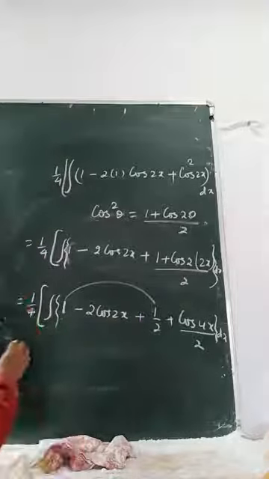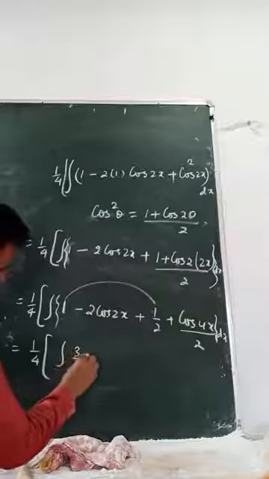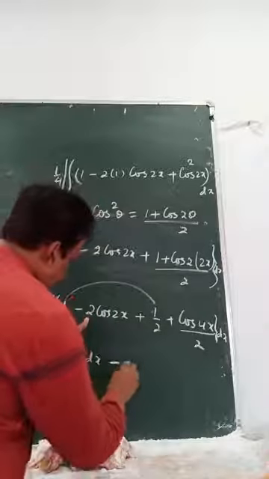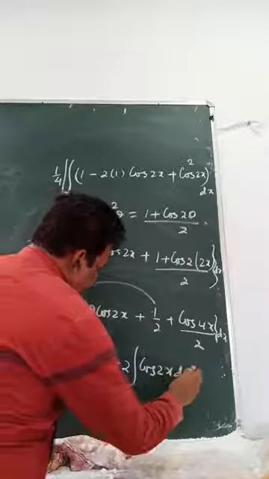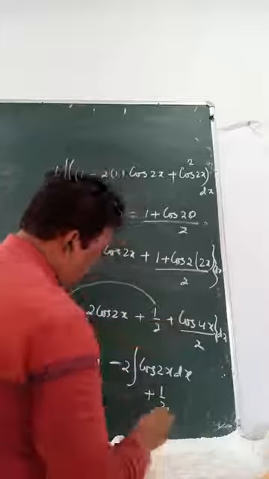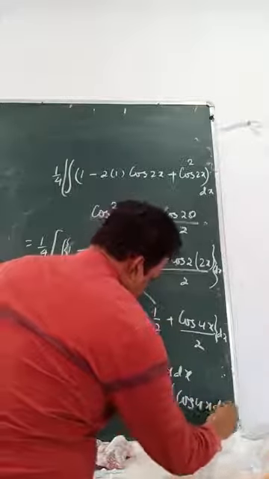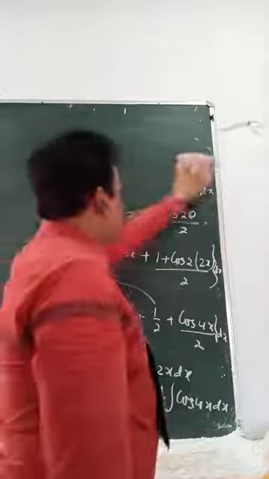So 1 by 4 integration of 3 by 2 dx minus 2 integration of cos 2x dx plus half, this 1 by 2 integration of cos 4x dx. Okay, so what will you get here?